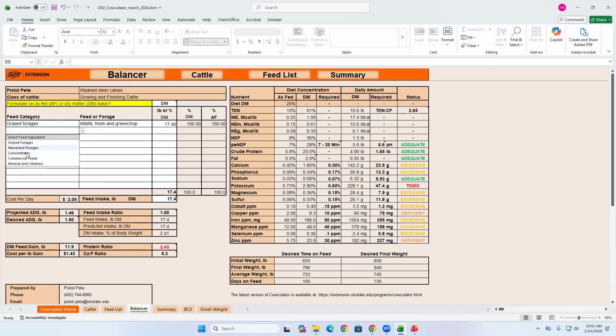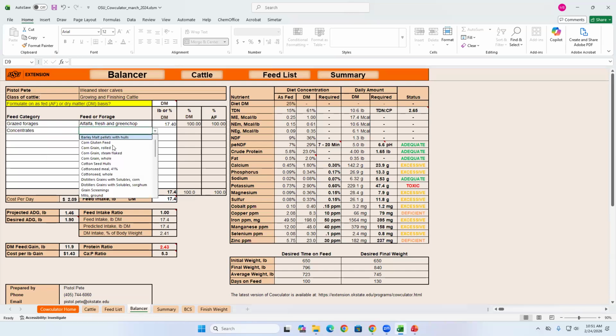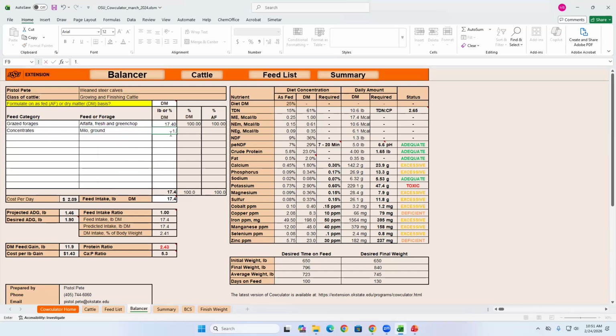So I think in here I say we're going to supplement ground Milo at 1.5 pounds a day. So that animal is expected to have a 1/10 of a pound increase in total intake. So we're increasing our total intake, but our forage intake is going to go down. So I need to adjust this to, I don't know, 15.9.